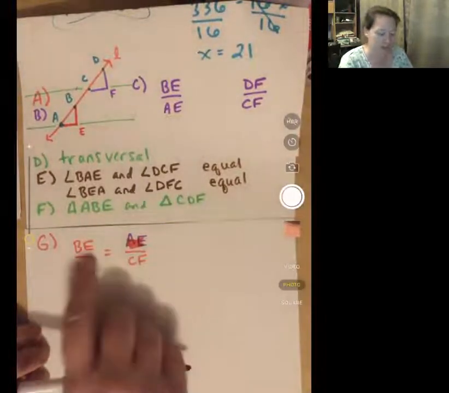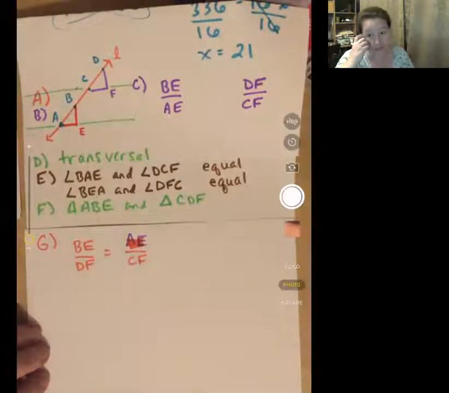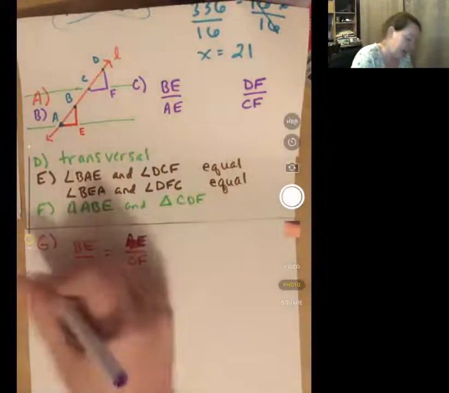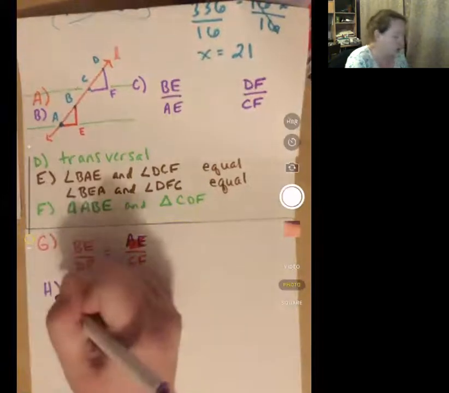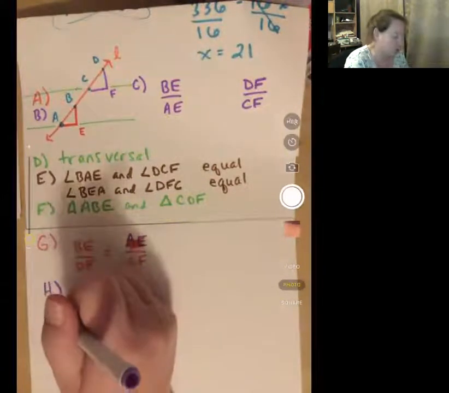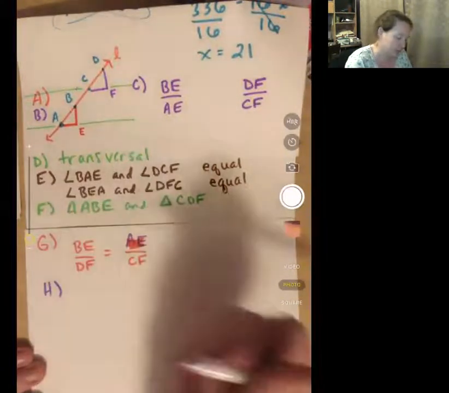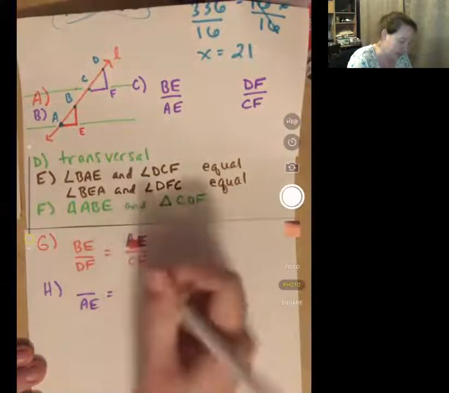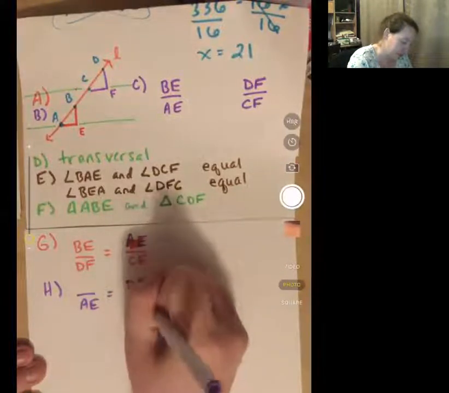So the E's are on the top and the F's are on the bottom this time. I was putting the F's over the F's and the E's over the E's, which works just fine too. It's just not the way they had it set up on this one. H, recall you can also write the proportion so the ratios compare parts of the same triangle. So we're putting AE on the bottom and DF on the top.